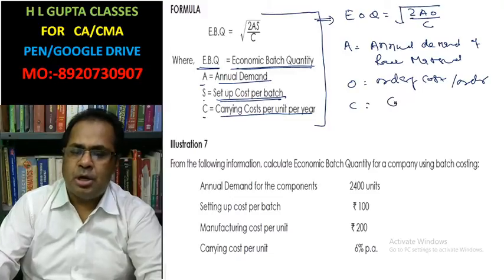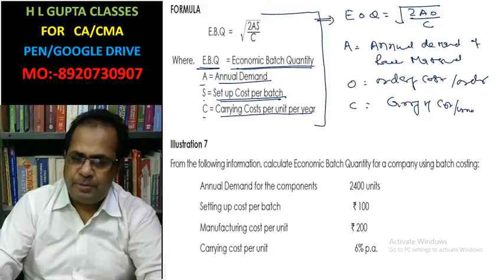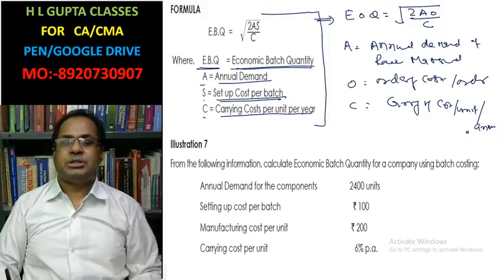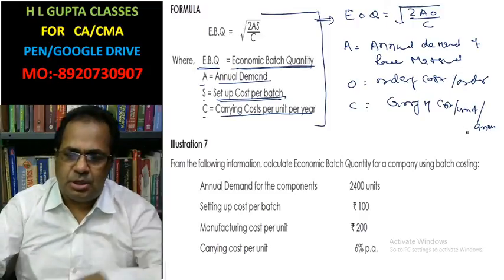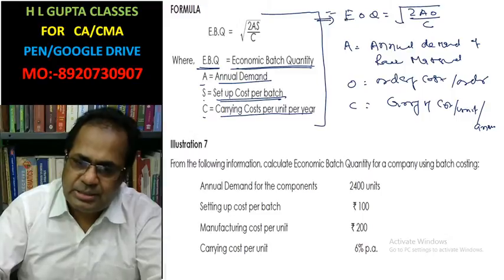C means carrying cost per unit per annum.